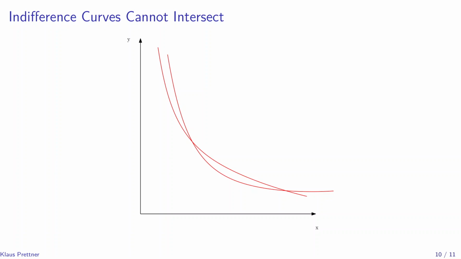And that would mean that the preferences are not transitive, they are not consistent, because depending on where you are on the indifference curve, you would prefer one bundle to the other, but this would then be inconsistent with the behavior on another part of the indifference curve. So indifference curves can never intersect, which is a consequence of the transitivity assumption of preferences.